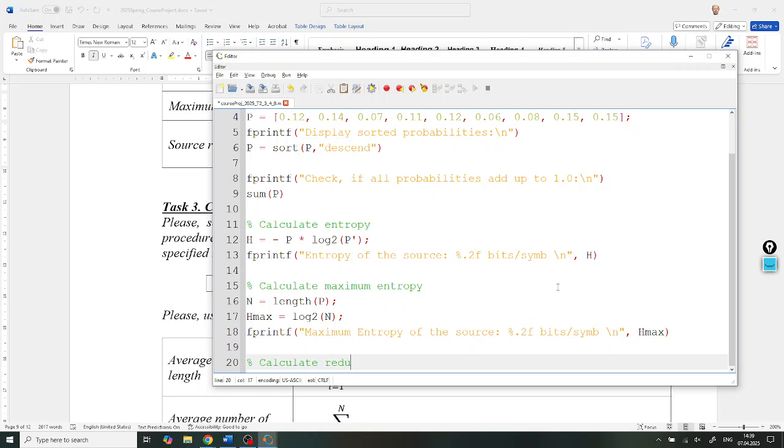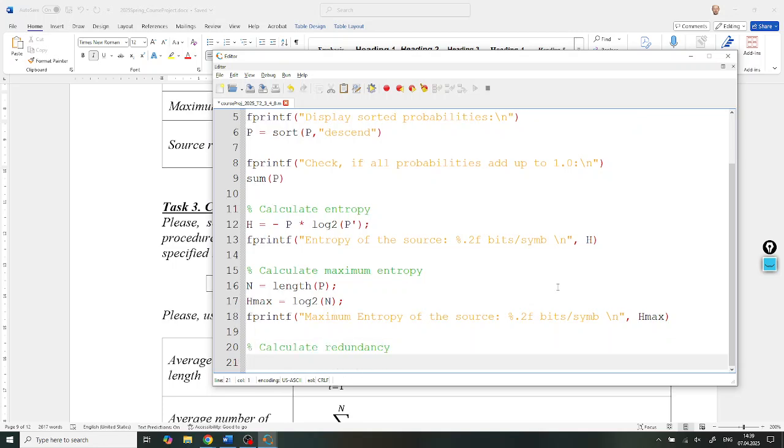Calculate redundancy in percentage. So that means I'll call this redundancy as 1 minus H versus H maximum, multiplied by 100, because I want to convert that into percentage. Now this is in bits per symbol and this is in bits per symbol. So now we have a dimensionless, normalized unit, yes.